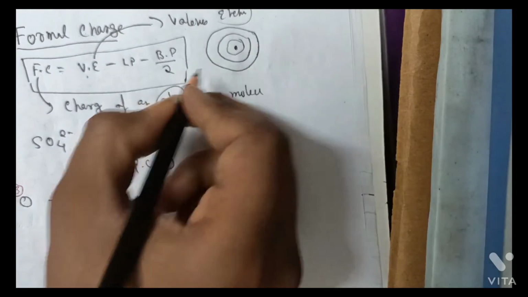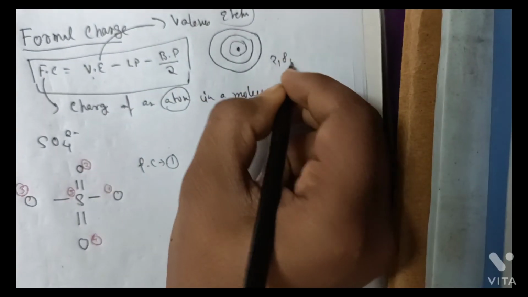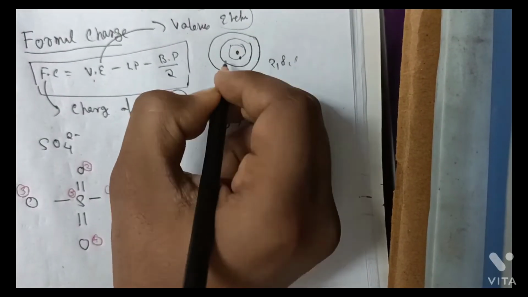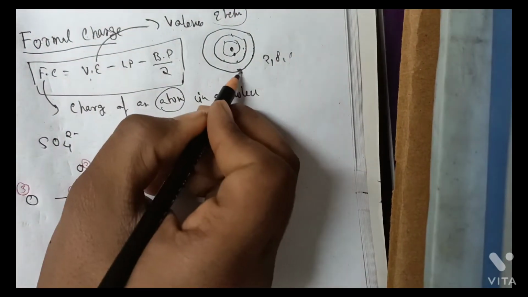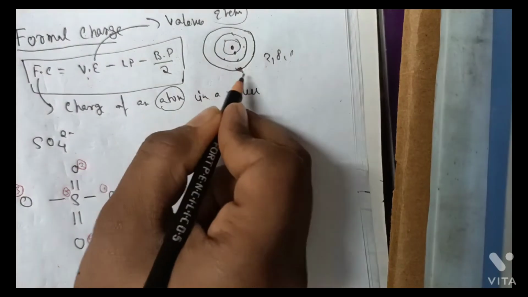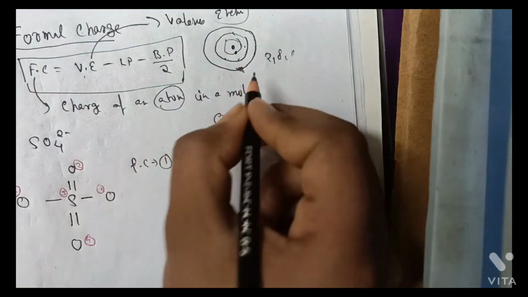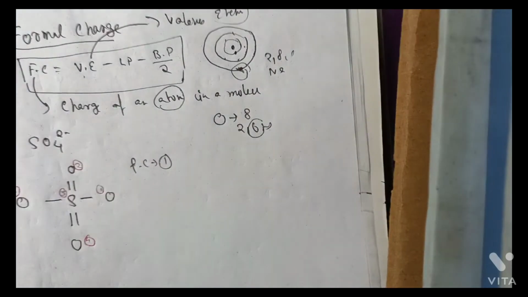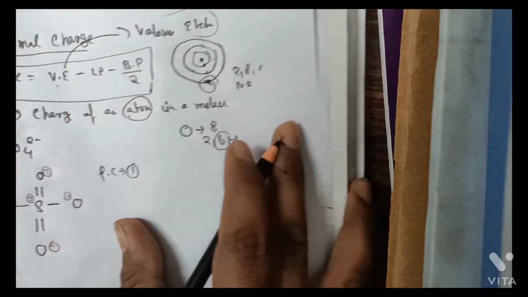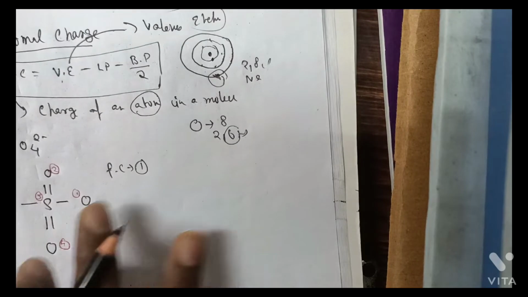Sodium has atomic number 11 and electronic configuration 2, 8, 1. So the electron present in the outermost orbit is called its valence electron; here it is 1.